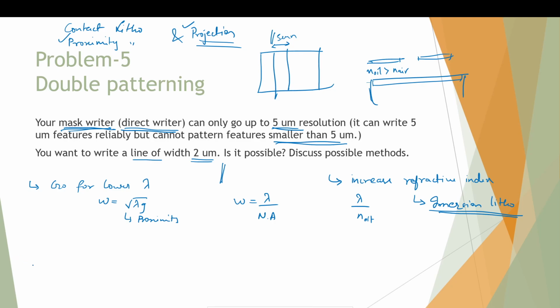So, I will just write it down, that it will make it clear. Say I have these two masks. My mask 1 is this, and this is 5 microns, and my mask 2 is this.